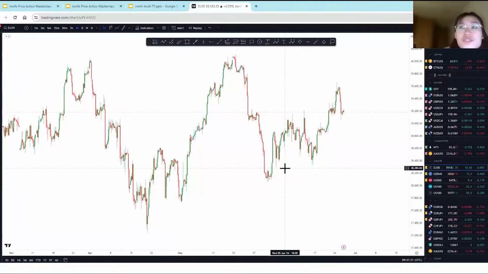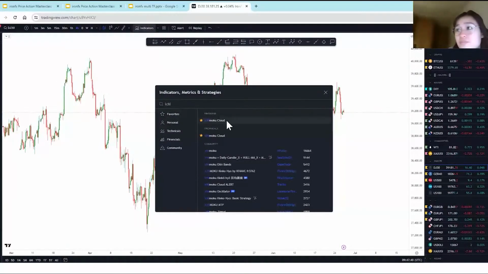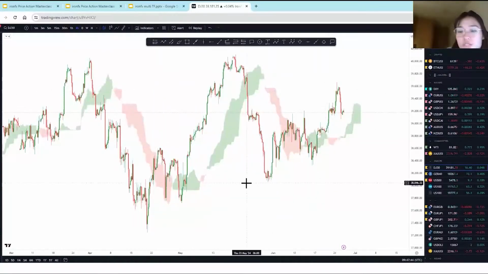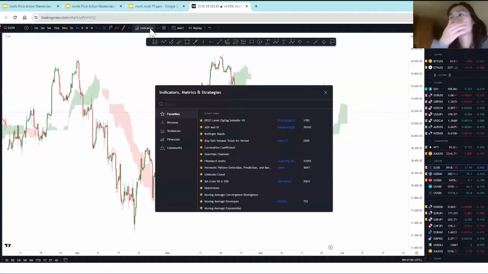So this is just a random chart that I have open. If you click on indicators and search up Ichimoku Cloud, it shows up like that.